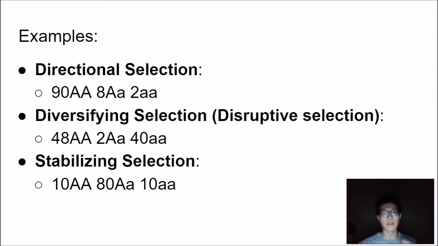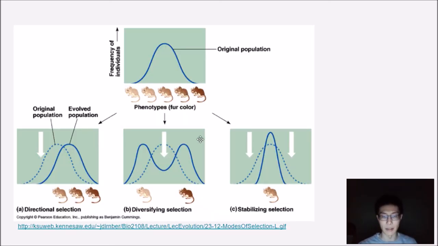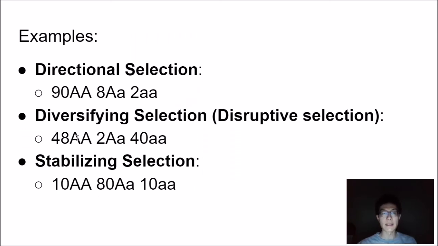On the other hand, you have diversifying or disruptive selection, which again is selecting both extremes at the same time, so like over here. And you can see that in this situation, the mean is going down. So there's a very small population of individuals with that mean characteristic and lots in the extreme cases.